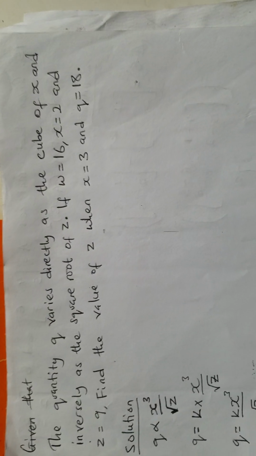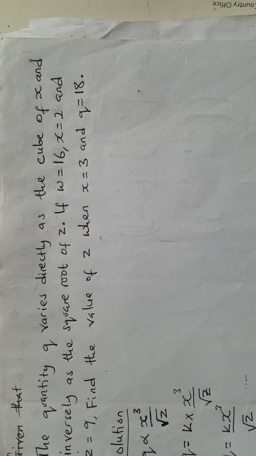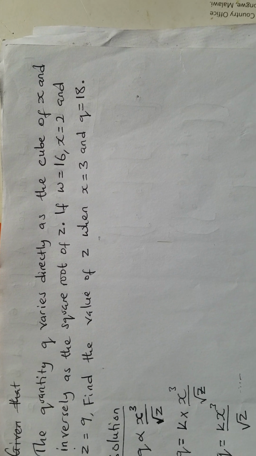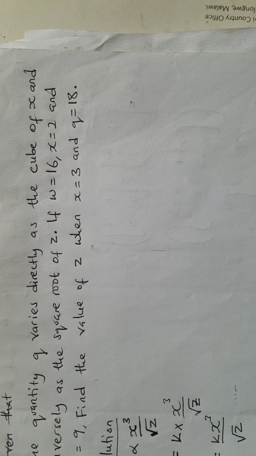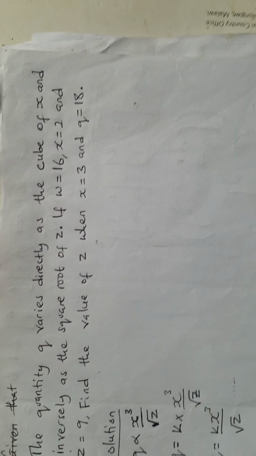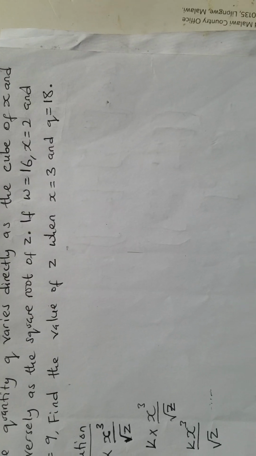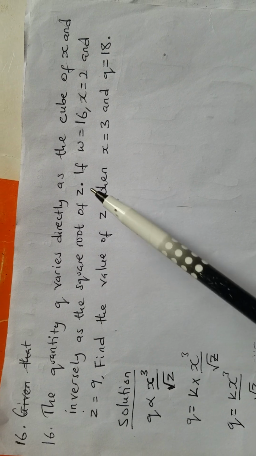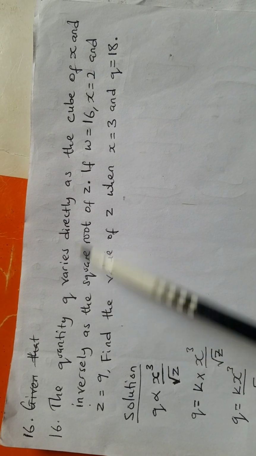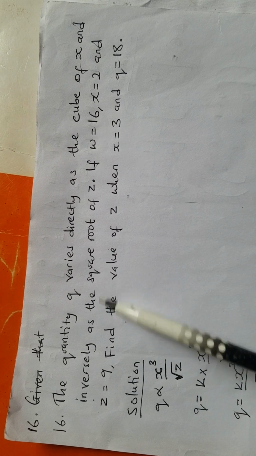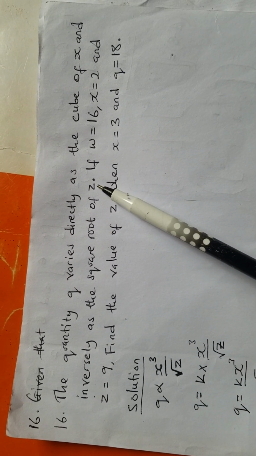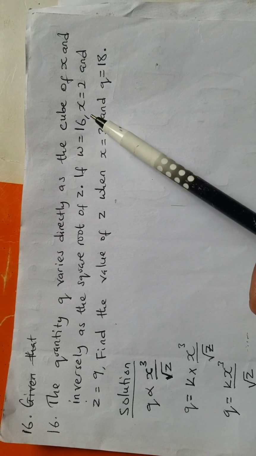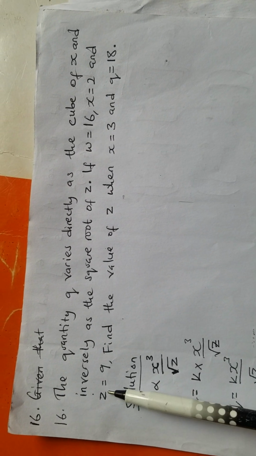Now the question says, if w is 16. I think this question has a mistake. You can see that we have q, x, and z in our formula, but in the question there is w, x, and z.